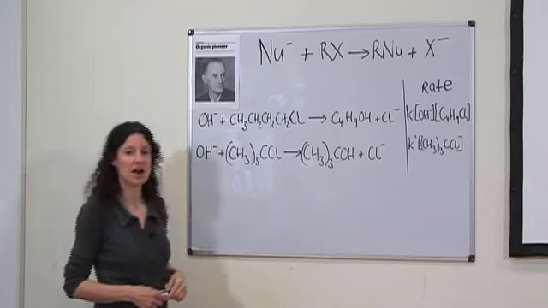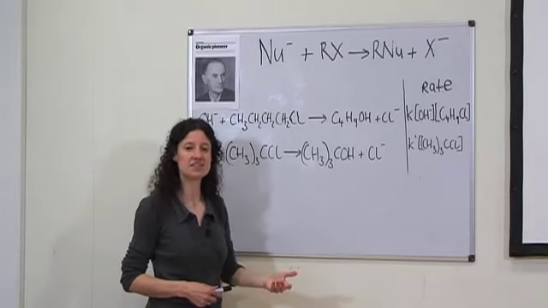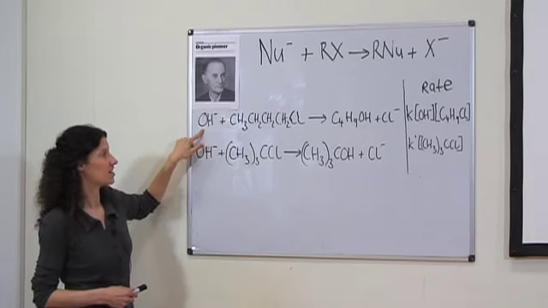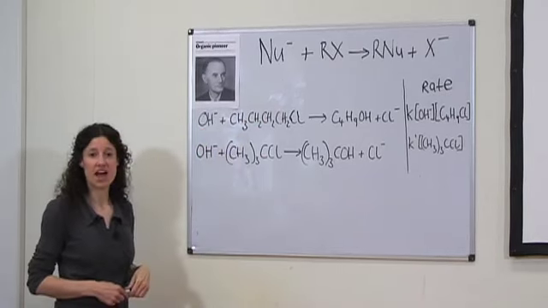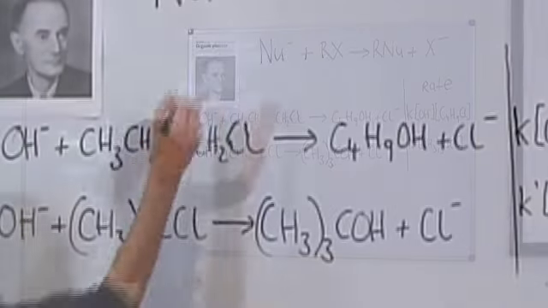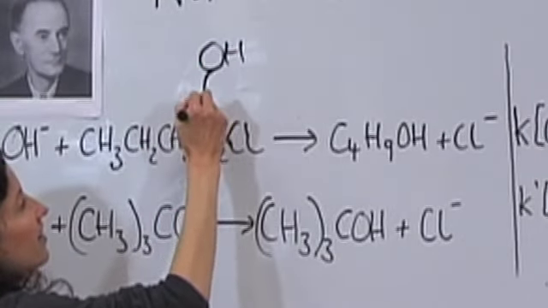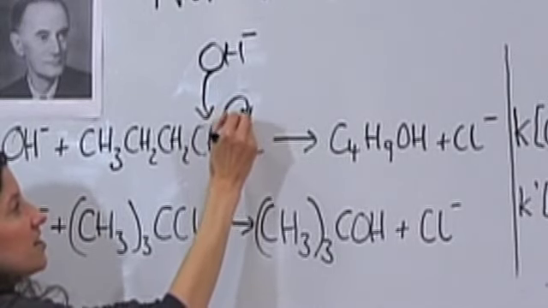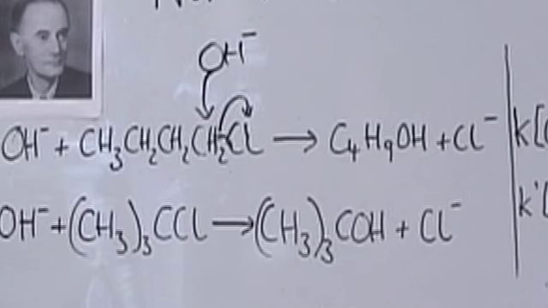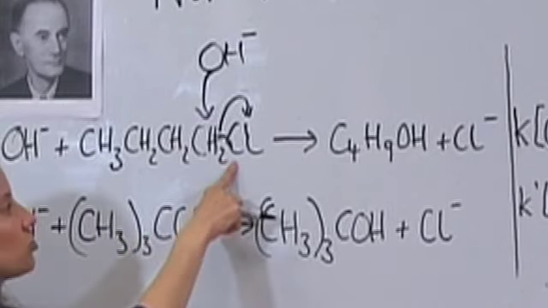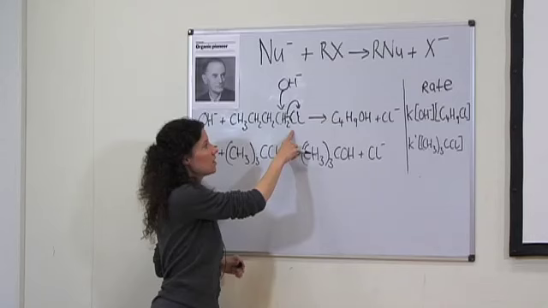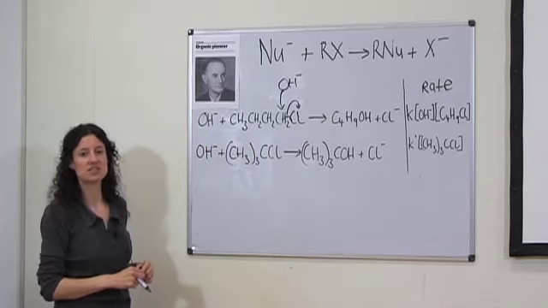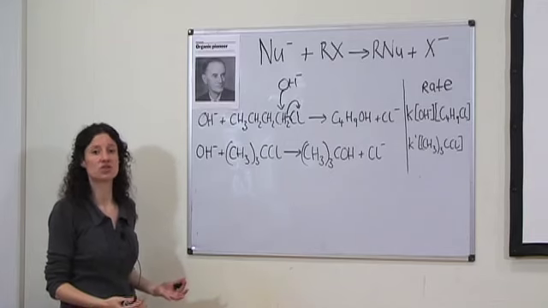What this implies about how the reaction takes place is that it involves a collision between hydroxide ions and n-butyl chloride. So a direct attack of the OH on this carbon and simultaneous leaving of the chloride, taking its electrons with it. Since this reaction involves the direct collision between these two species, we say it's a bimolecular process.